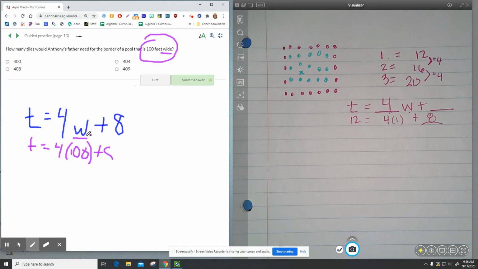And simplify this, guys. Make sure we follow our order of operations. 4 times 100 is 400. Plus the 8 gives me a total of 408. So I'm going to choose that answer.